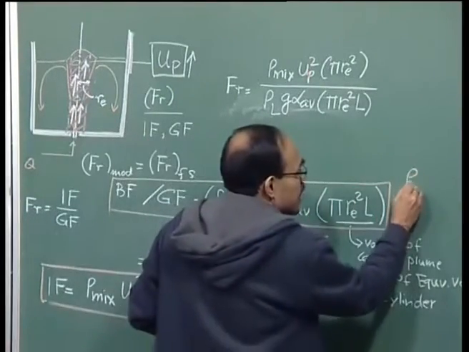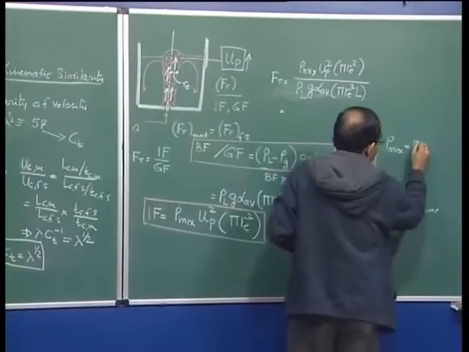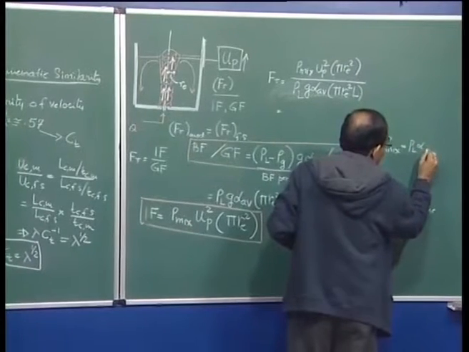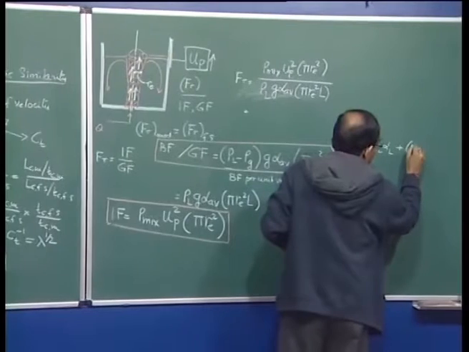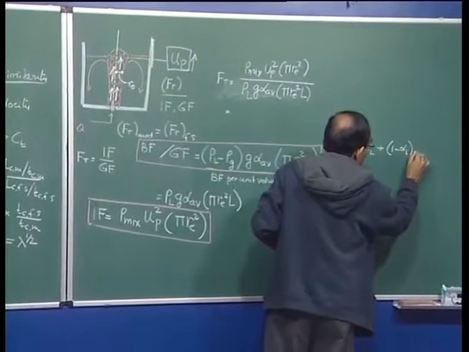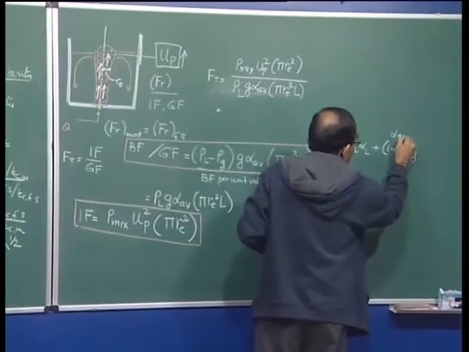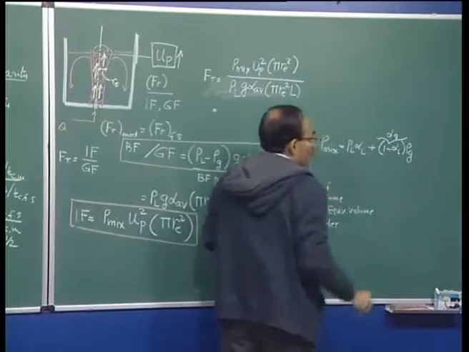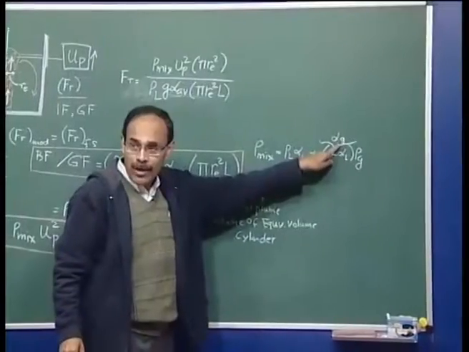The mixture density, as per the continuum approach, is rho liquid into alpha liquid plus alpha g into rho g, where alpha g is equal to 1 minus alpha L. Alpha L is the volume fraction of liquid, alpha g is the volume fraction of gas.